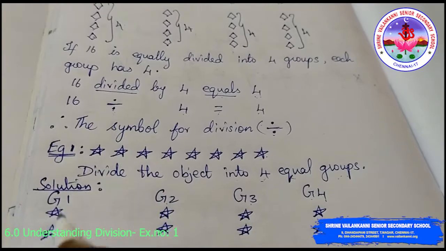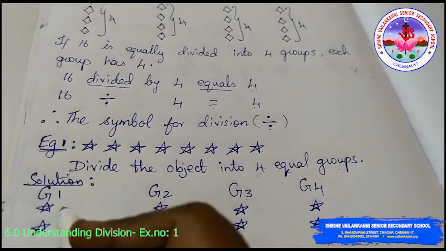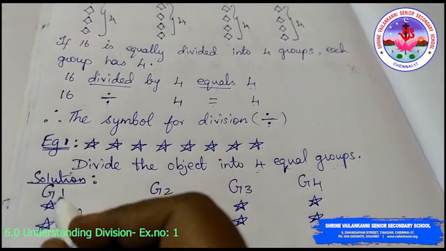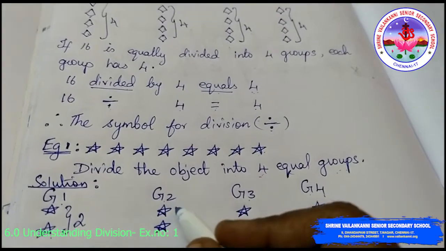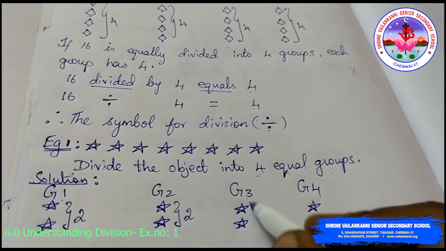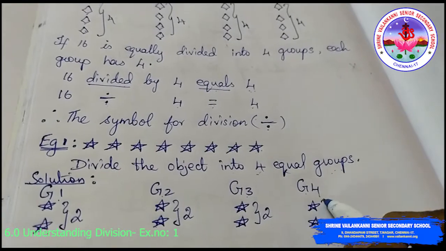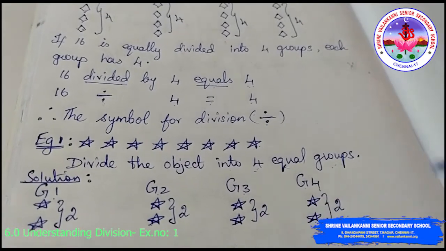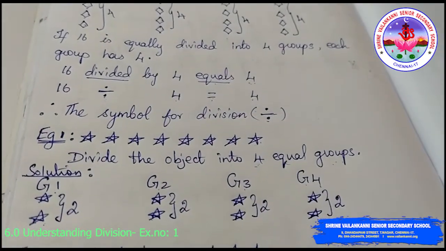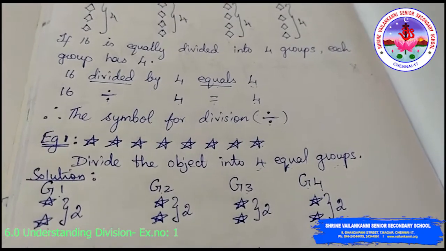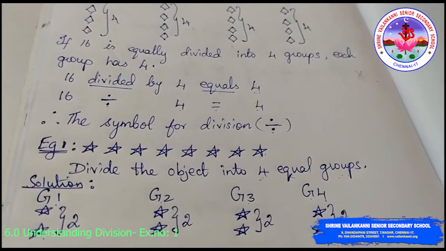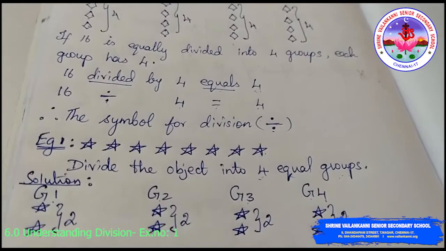Each group gets how many stars? 2 stars. Group 1 has 2 stars, group 2 has 2 stars, group 3 has 2 stars and group 4 is also having 2 stars. So when you divide these 8 stars into 4 equal parts, each group gets 2 stars.